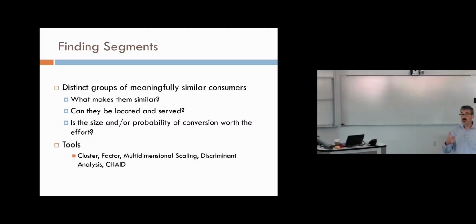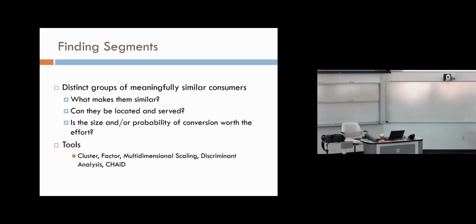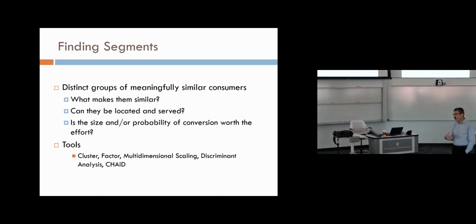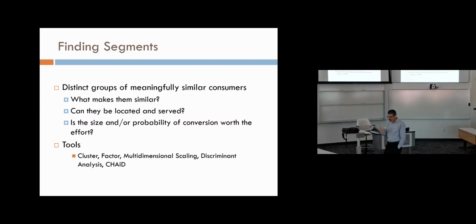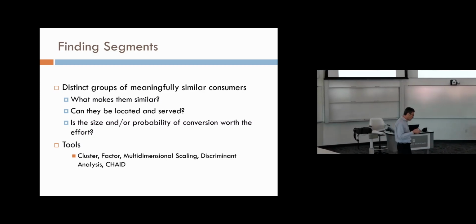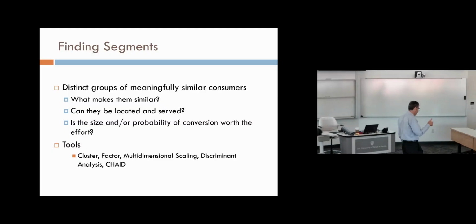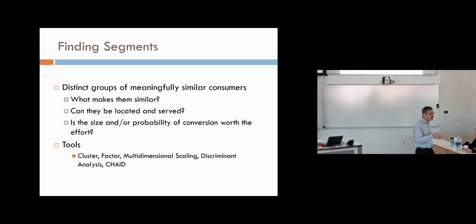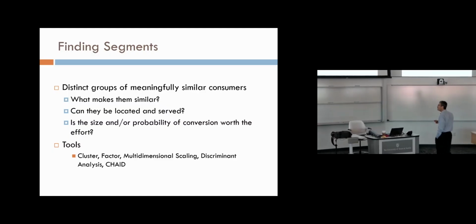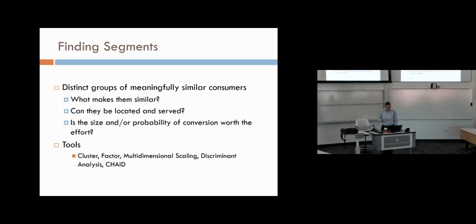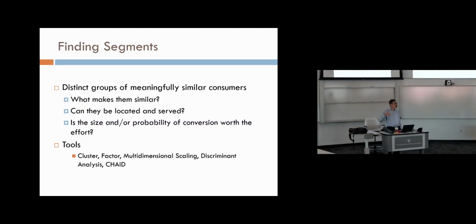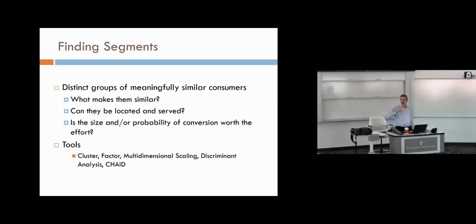Then we're going to take a look at that segment and say, are they likely to be profitable for me? Are they likely to not have an issue with the competition? Are there contextual things that might be happening that might make it more difficult to serve them? So we'll go back and we'll see if they make sense. And so there's a variety of tools that we can use in order to find these segments.